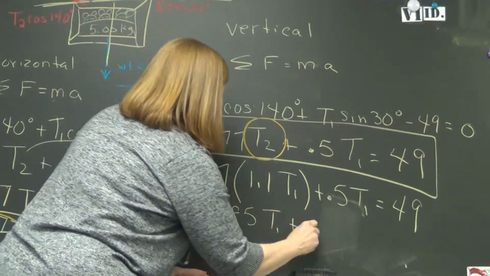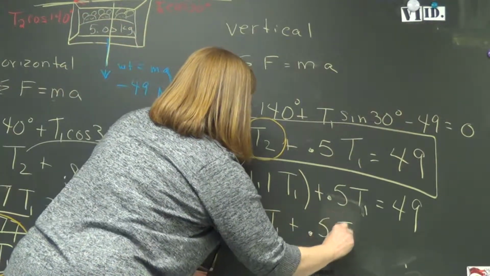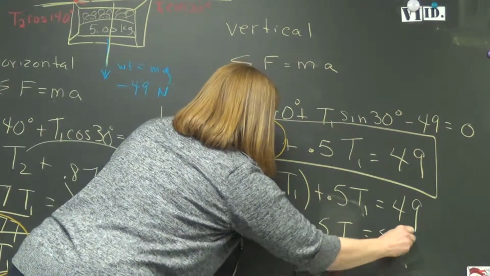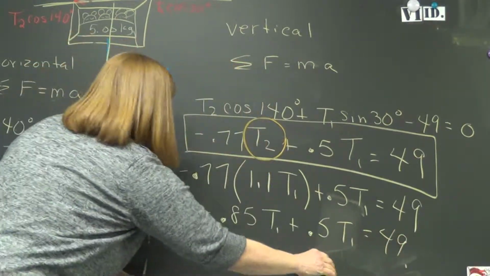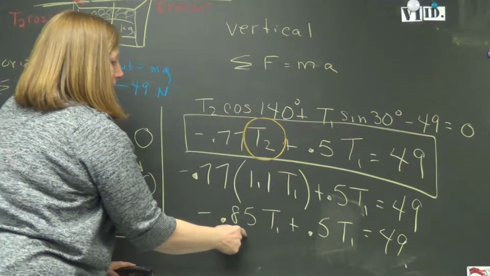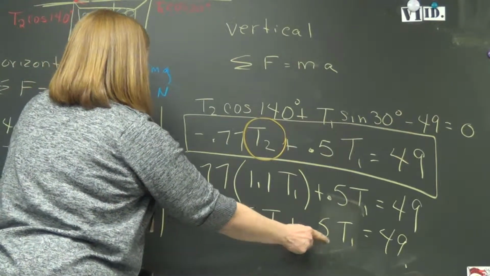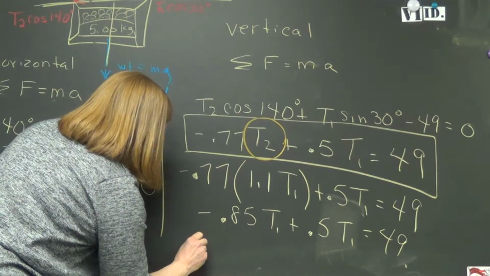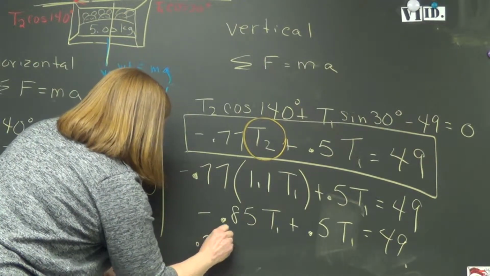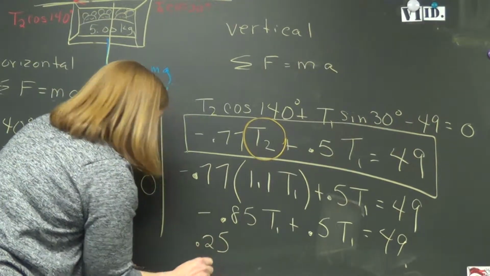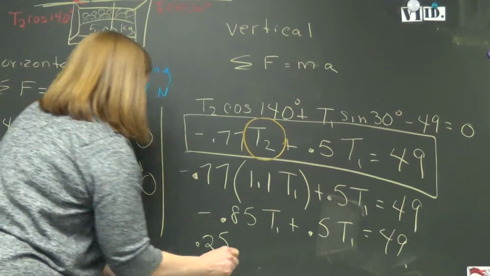What's that, 0.9? Negative, oh, 0.35. I'm sorry, I forgot. It's negative what? 0.35. Negative 0.85 and a positive 0.5 is 0.35. Okay. Sorry about that.